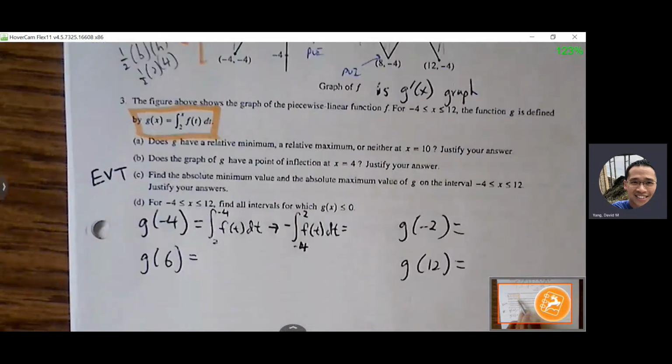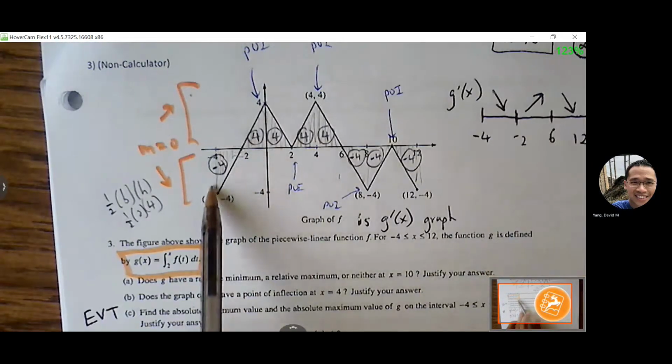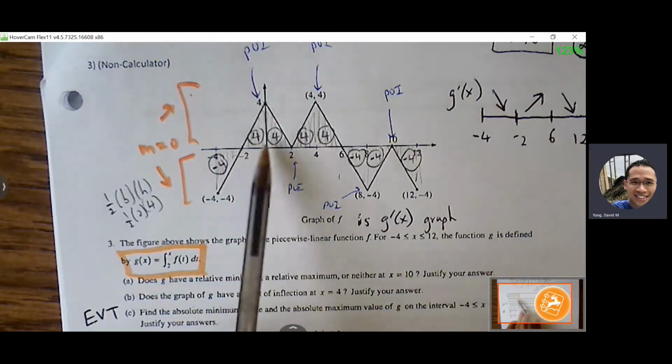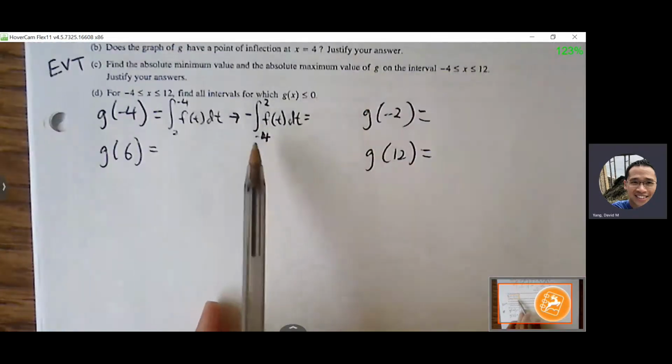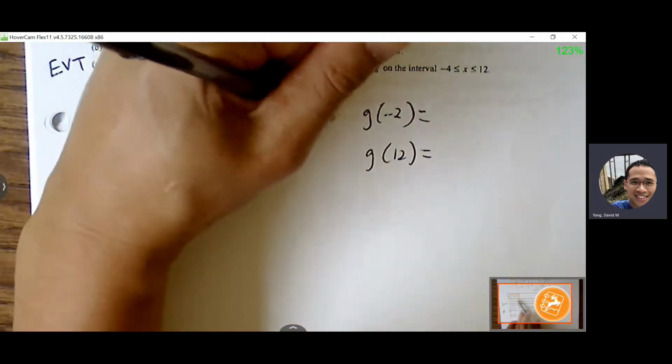Okay, let's go ahead and find those points here. So from -4 to 2, -4 and 4 cancels out. I'm just left with +4, but I already flipped the bounds, so there's a +4 with a negative in front, so -4.